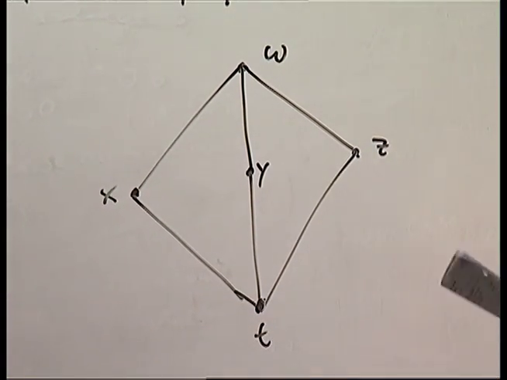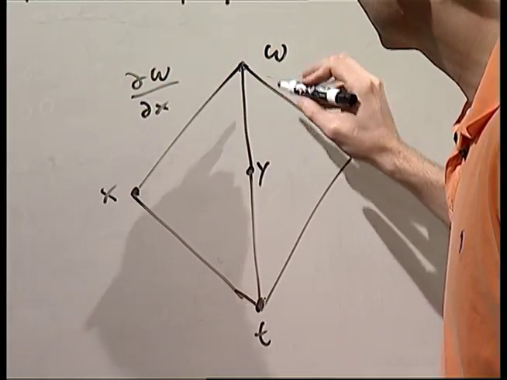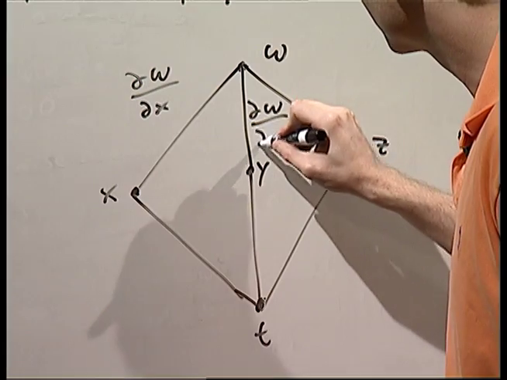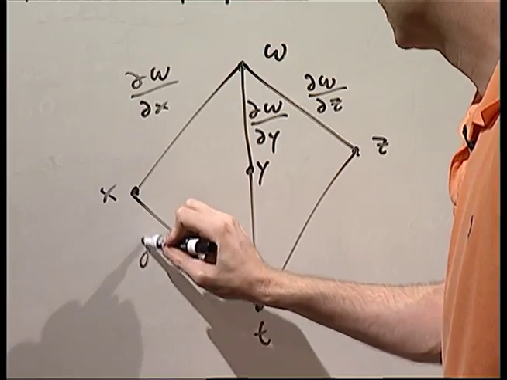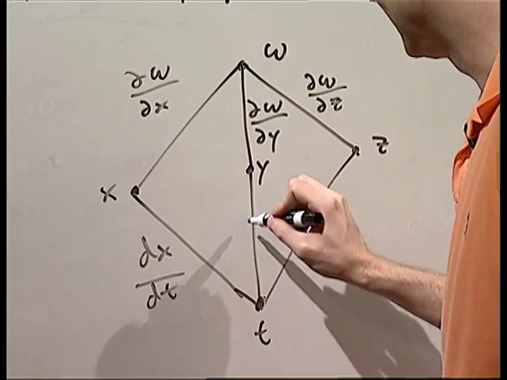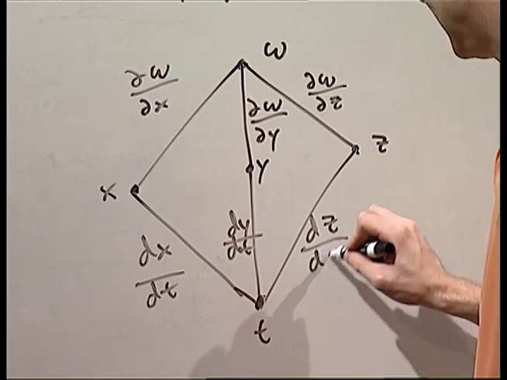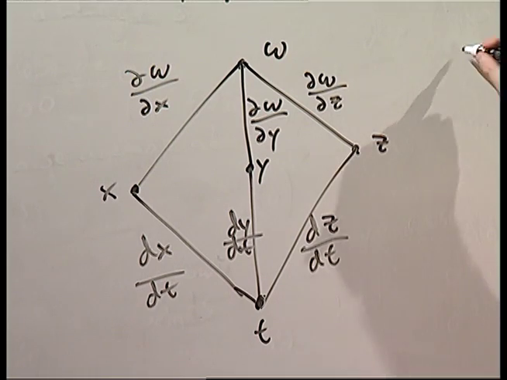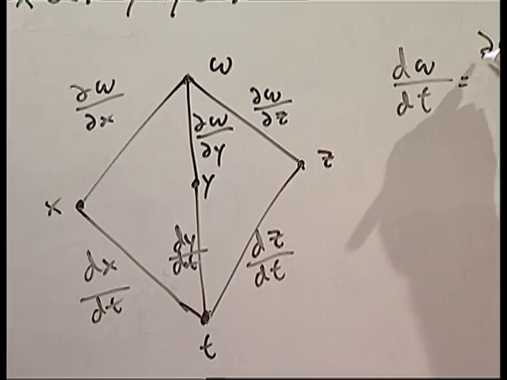Right? So there's your picture, and the partials get filled in: partial w, partial x, partial w, partial y, partial w, partial z. Down here, dx/dt, dy/dt, dz/dt, and so dw/dt is just exactly what you would expect it to be.